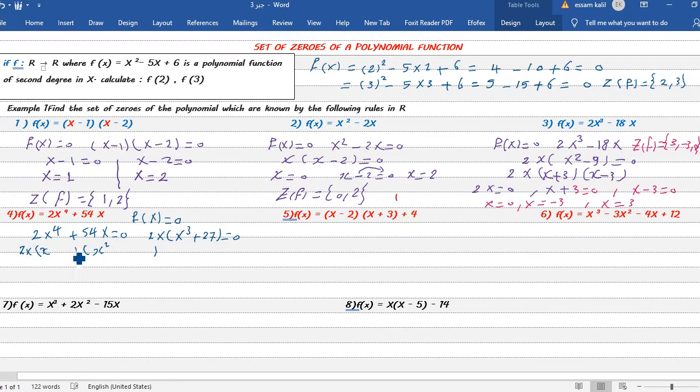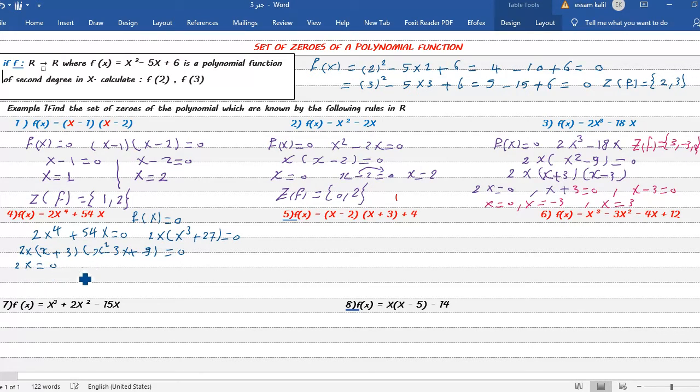What is the cubic root of 27? يبقى 3 يبقى that's 9. What is the sign between x power 3 and 27? Positive, and this take negative. x times 3 يبقى become 3x and the sign of 9 become positive equal what? 0.